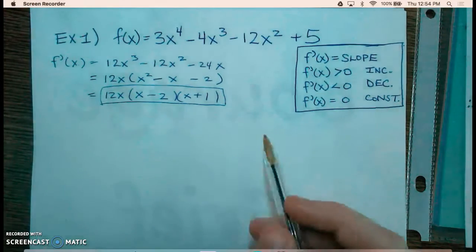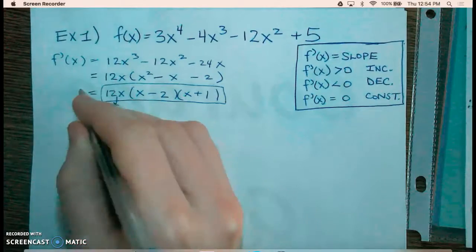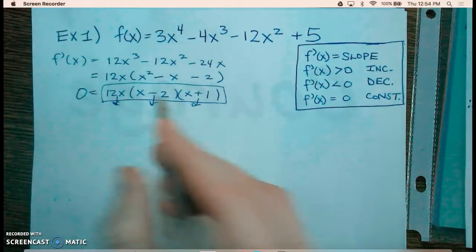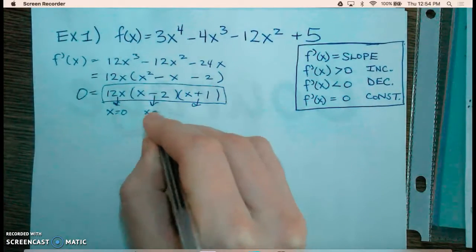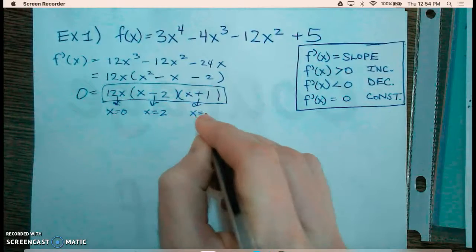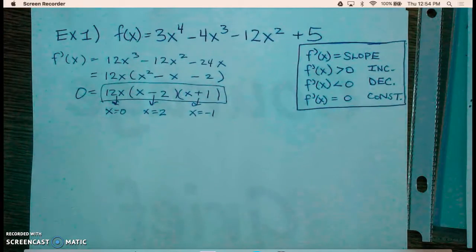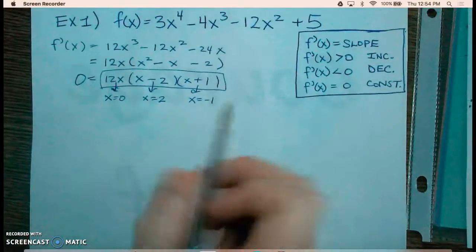Before we make the table, we need to figure out what our critical numbers are. So we're going to set our derivative equal to 0, which gives me 0 for one critical number, 2, and -1 for the other one. And we're going to take these critical numbers and create intervals out of them. So my smallest number is -1.